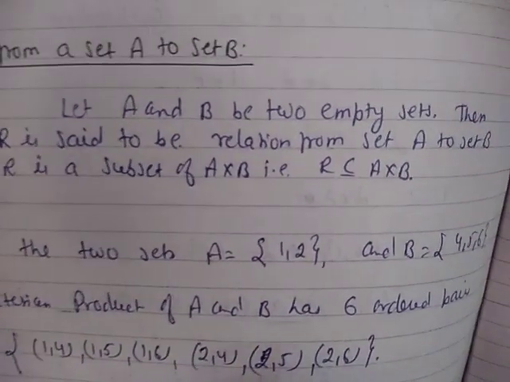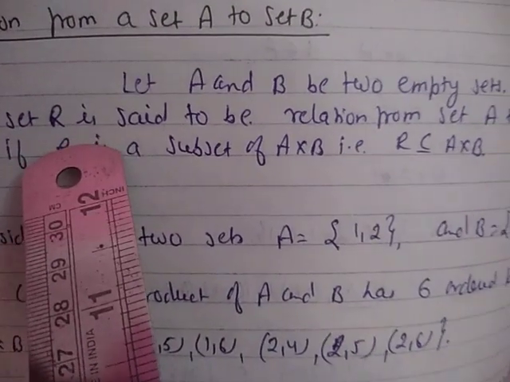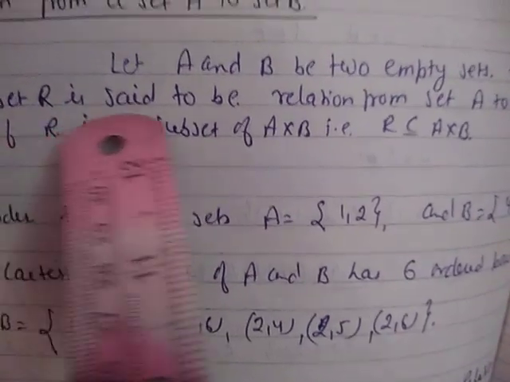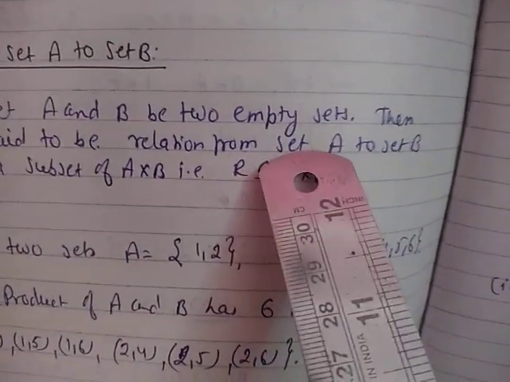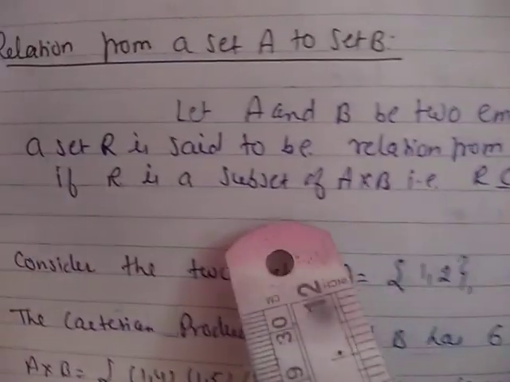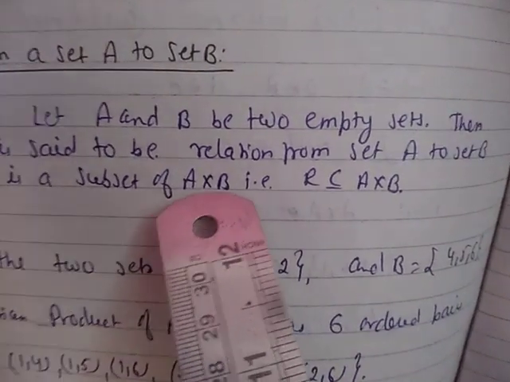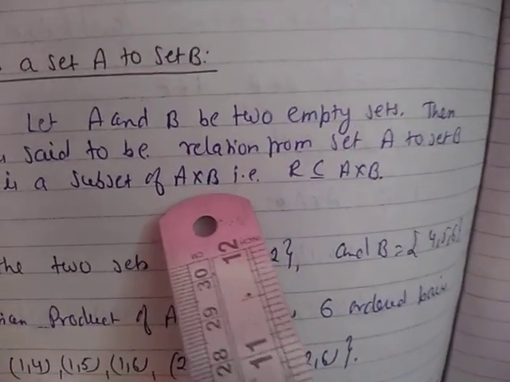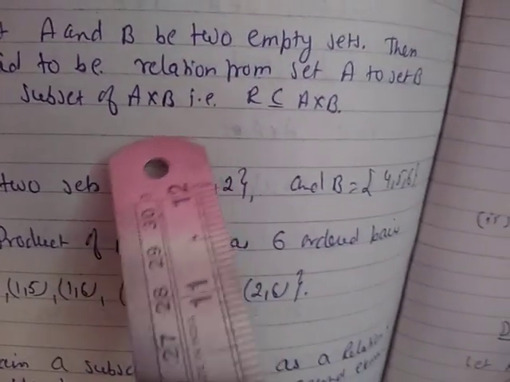Let A and B be two non-empty sets. Then a set R, which is again a set, the relation set, is said to be a relation from set A to set B if R is a subset of A cross B. Mind it, children, I told you relation is a subset of a set.